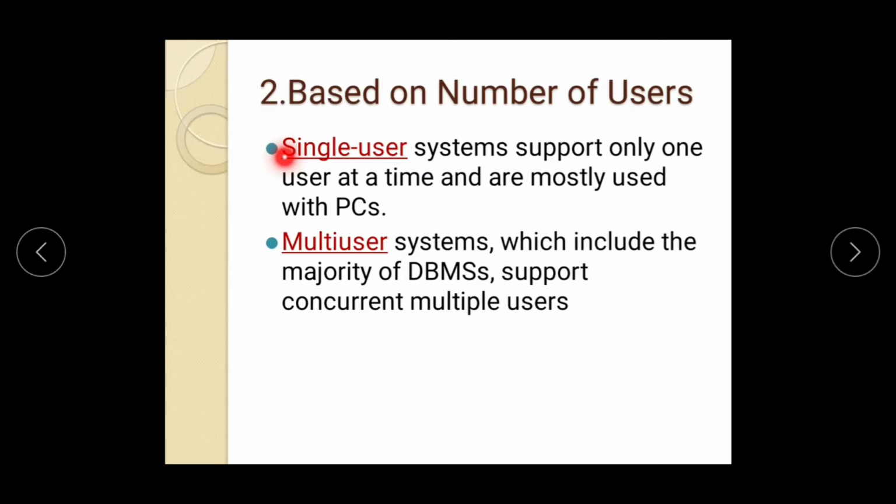Now, the second one is based on the number of users. I said that there are different types of users in a database management system. The classifications are single user and multi-user. A single user system supports only one user at a time and is mostly used with PCs. Single user means a particular database can be accessed only by a single user at a particular time.